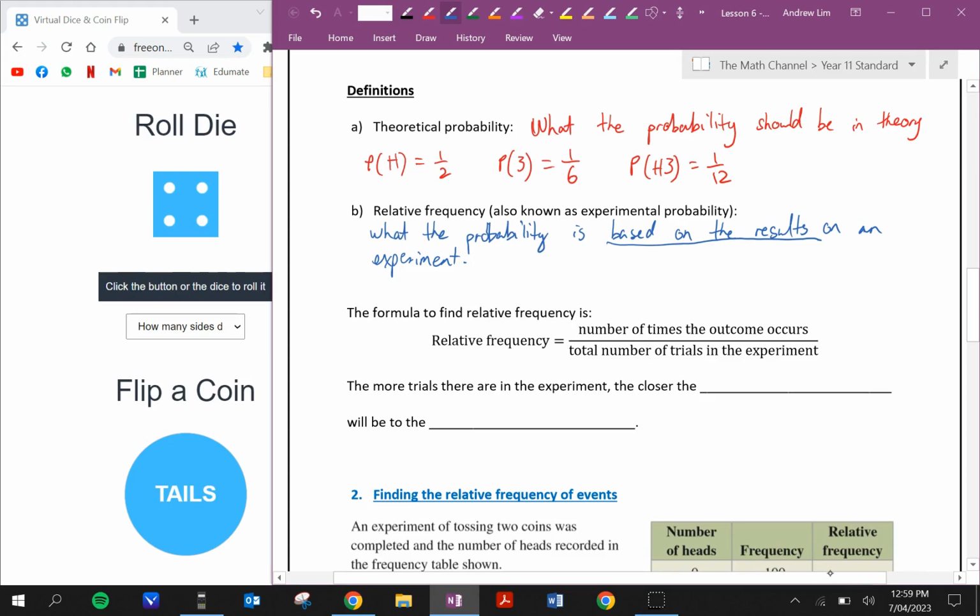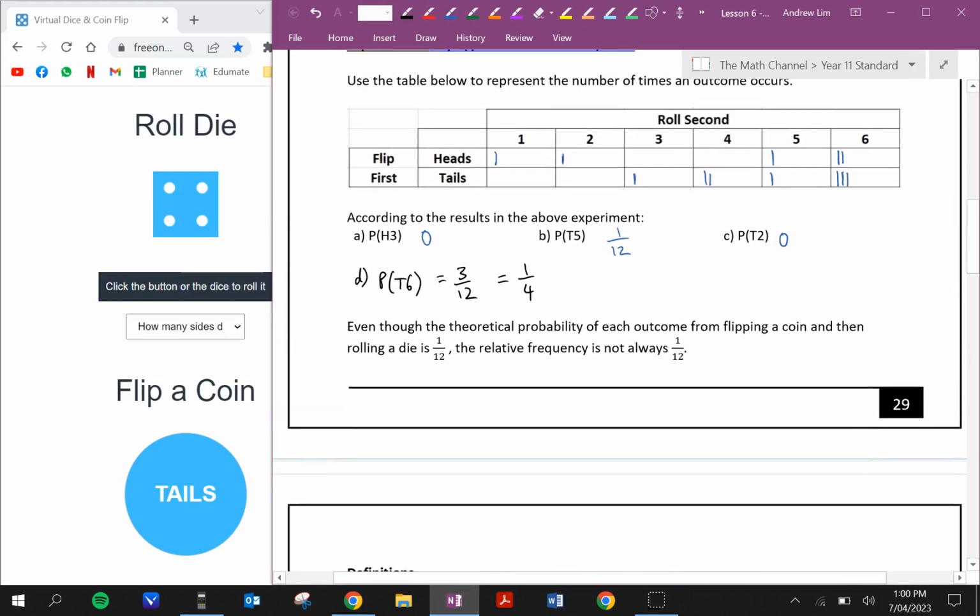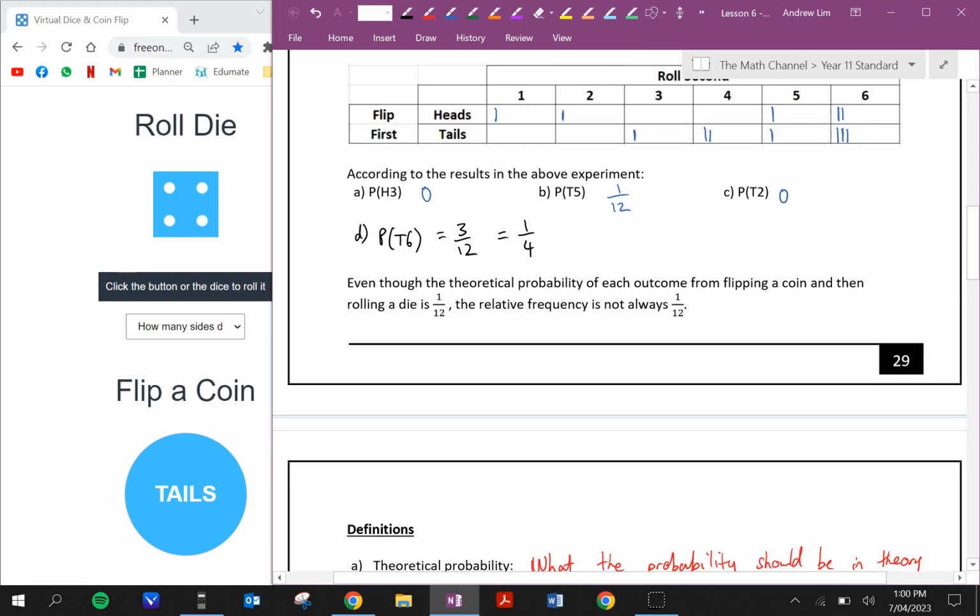Okay, so that's what we have here, right? These are the experimental probabilities or the relative frequency. So the relative frequency of heads 1 is 1 out of 12. Of heads 2 is 1 out of 12. Of heads 3 and 4 and tails 1 and tails 2 is 0 out of 12. Of heads 6 and tails 4 is actually 2 out of 12, it's 1/6. And of tails 6 is actually 3 out of 12, or 1/4. Okay, so they're not all 1 out of 12.